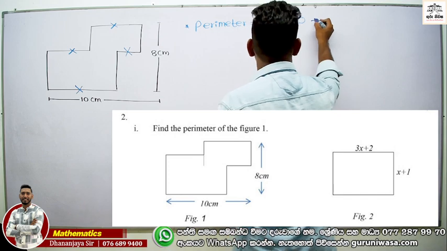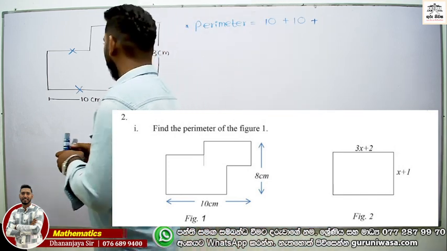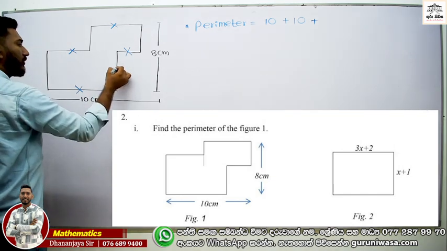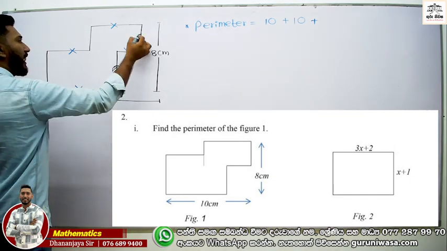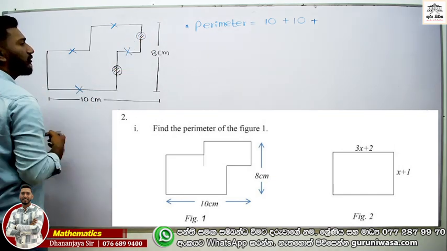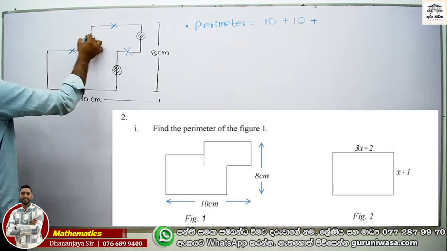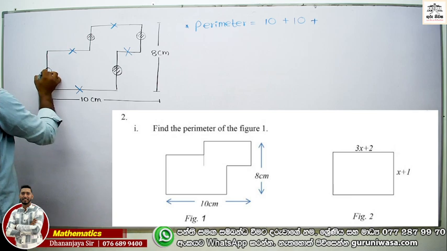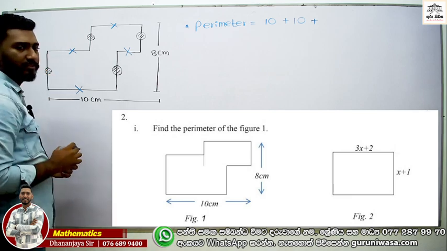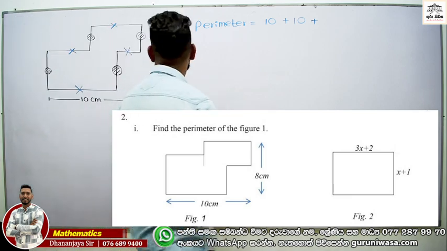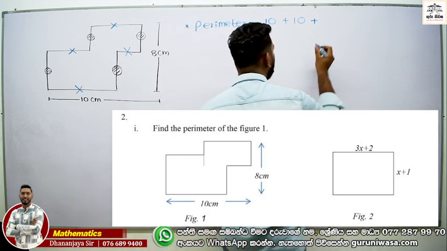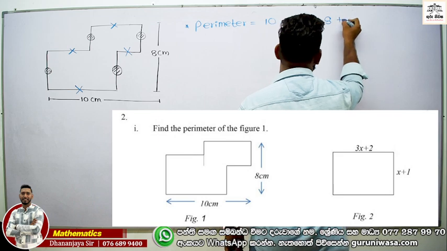Now listen. This one and this one should be 8, and also this part and this part is also 8. Both are 8, so there are two 8s. It's like a rectangular portion.